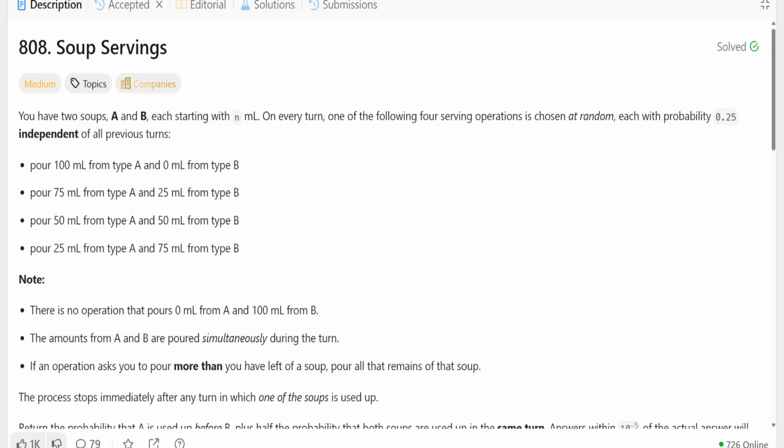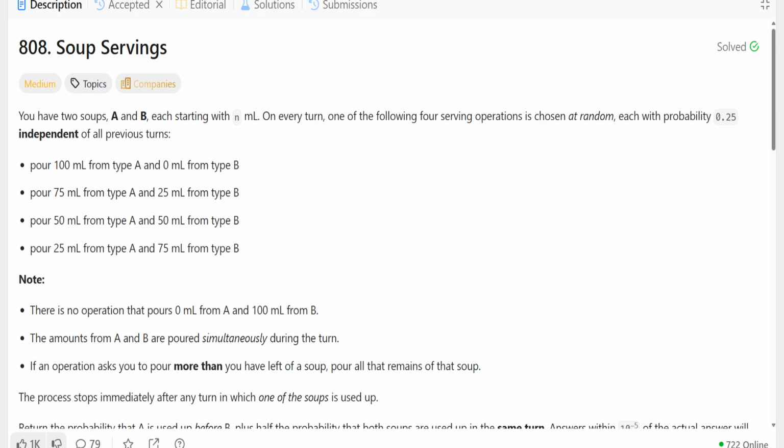So one of the following four serving operations is chosen at random, each with probability 0.25, independent of all the previous turns.